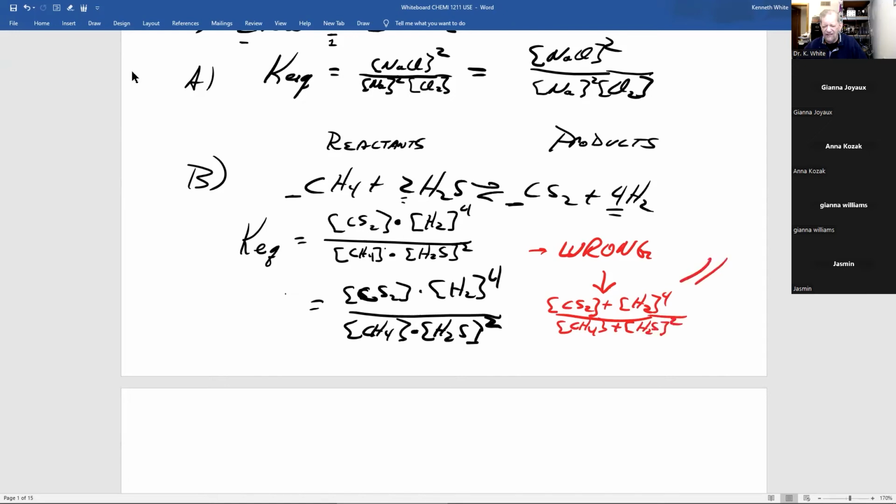And this is wrong. And you'll get 0 points. Wrong. So remember, it's a multiplication, not an addition. I don't know why students do that, but over the years, you see it a lot. I see it a lot when I'm grading. So I'm telling you, don't do it. It's wrong.